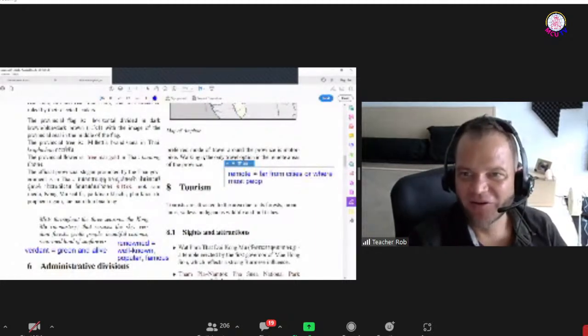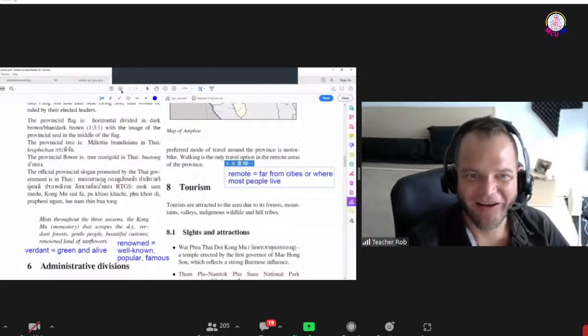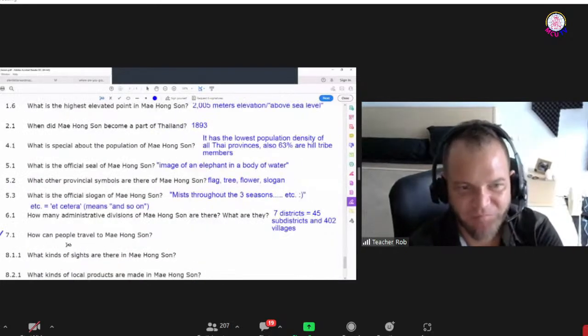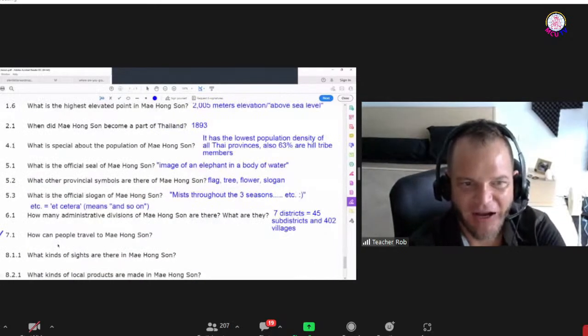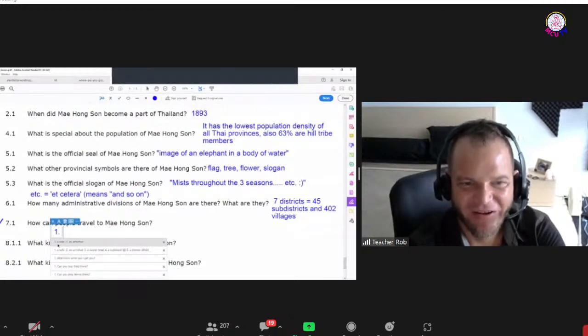So if you guys notice, they give 3 travel options in this paragraph. Okay, so what do you guys think? What's one way people can travel to Chiang Mai? By plane, airplane. There you go. Motorbike.